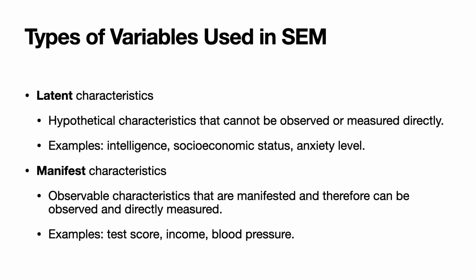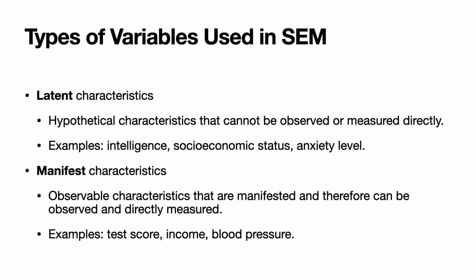Now, variables used in an SEM can also be classified according to whether they are latent or manifest. Latent characteristics are hypothetical characteristics that cannot be observed directly, and therefore they cannot be measured directly. Some examples of latent characteristics would be intelligence, socioeconomic status, and anxiety level.